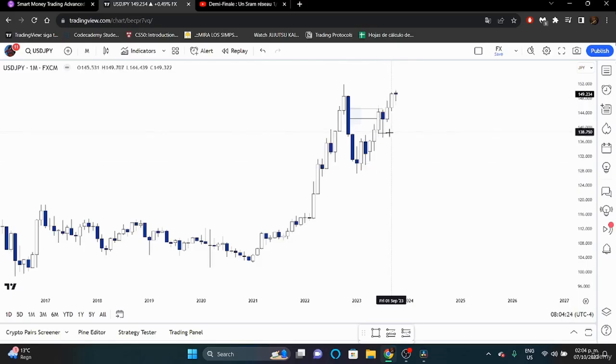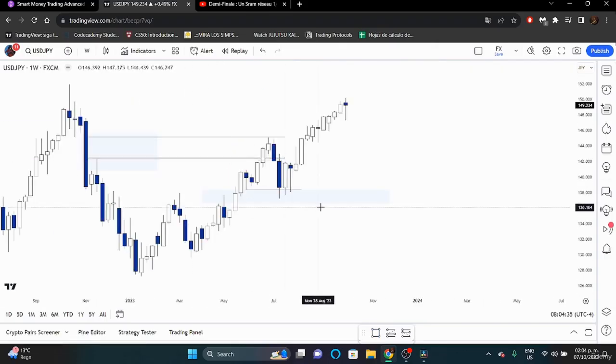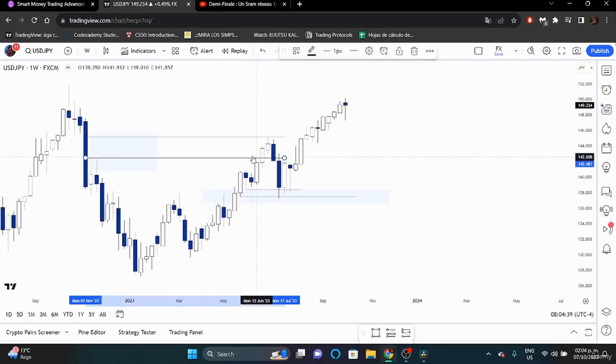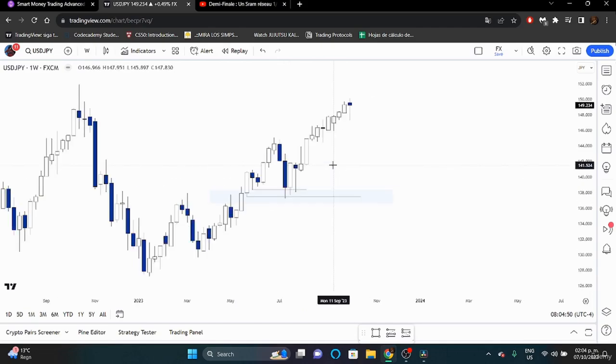As you can see, it's a fair value gap on the monthly time frame, which does not offer any kind of buying opportunities on a monthly time frame. And on the weekly, it's most likely a form of inefficiency as well, which is another weekly fair value gap. Okay, so we can see the price is holding this inefficiency on the monthly and on the weekly, and it's respecting the order flow.